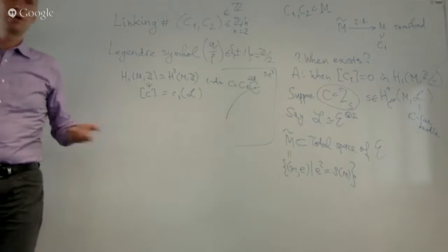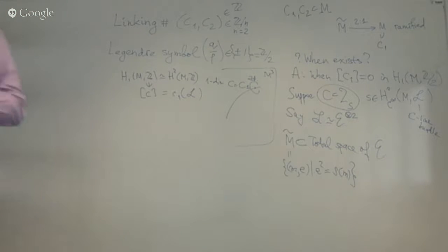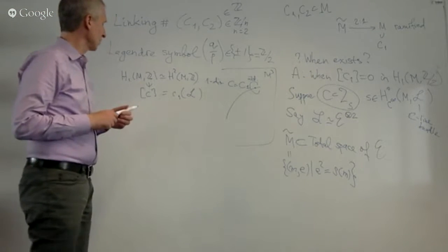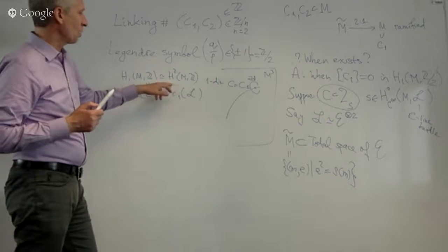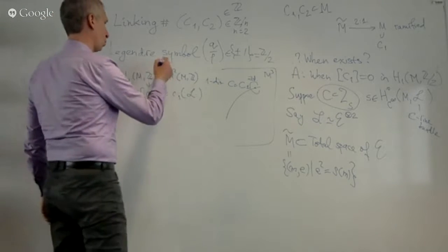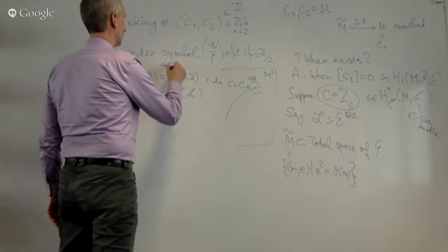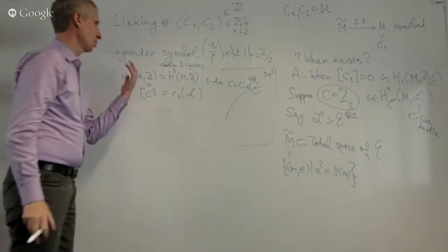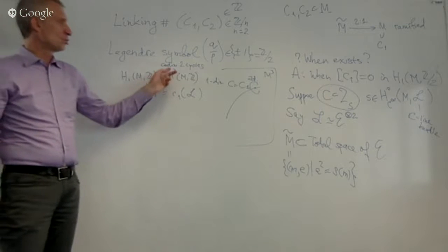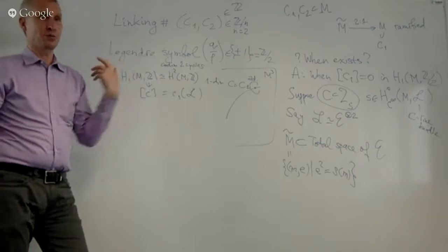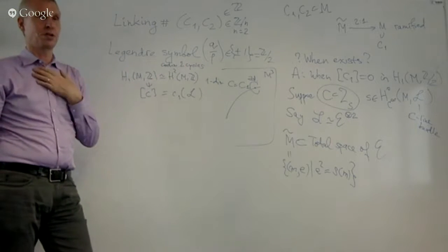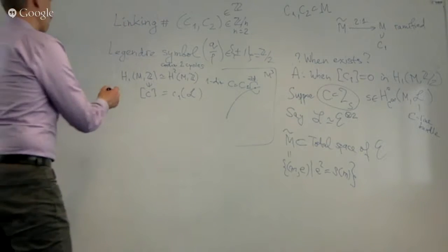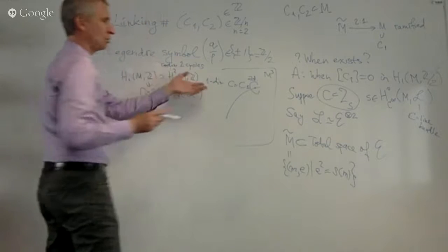By Poincaré duality, H2 is the homology of codimension 2 cycles, which is H1 in our case. So if this class is divisible by 2, then we can do this.